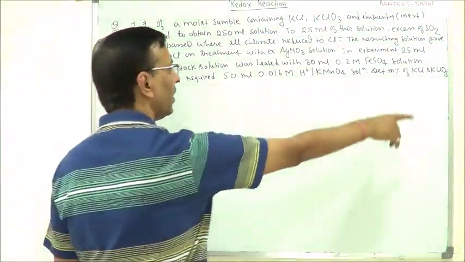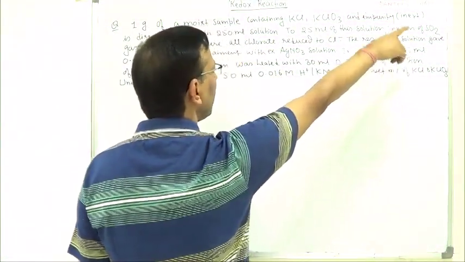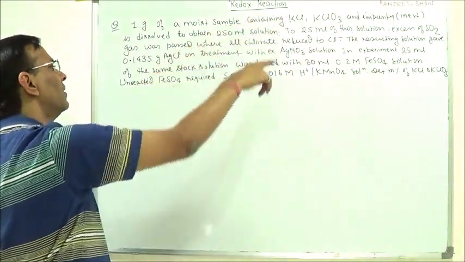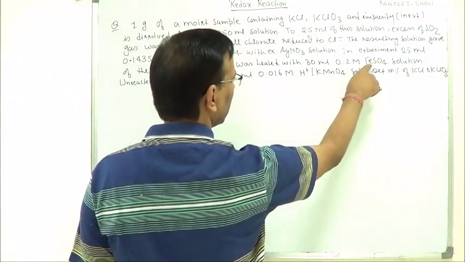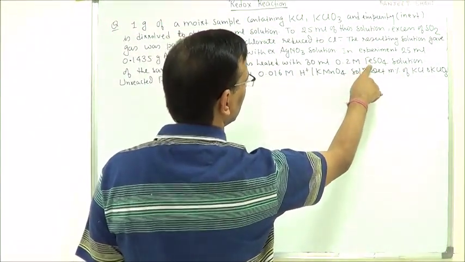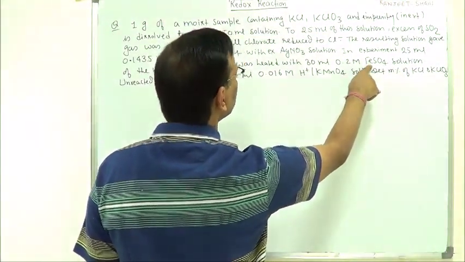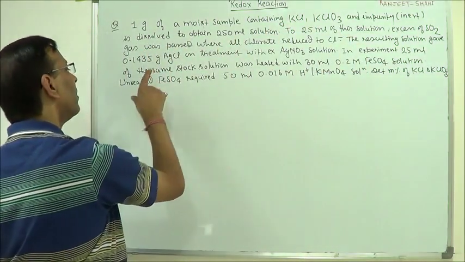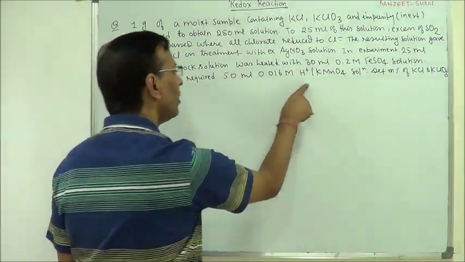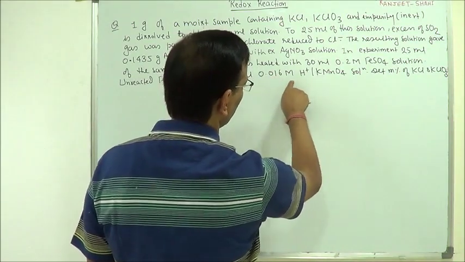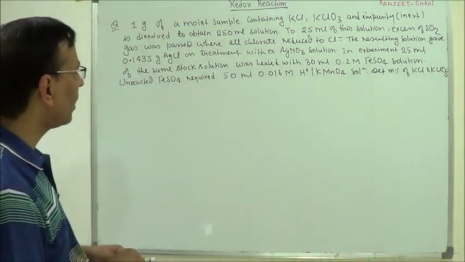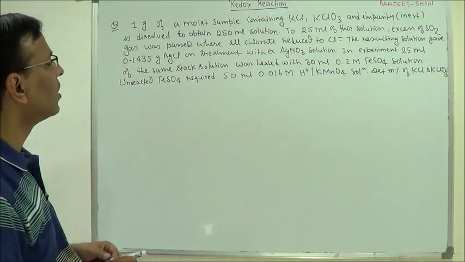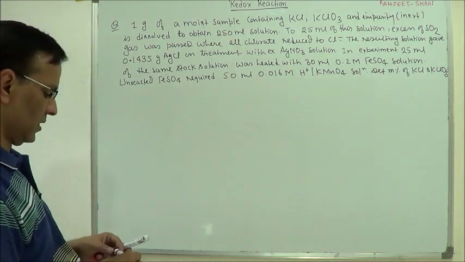In another experiment, 25 ml of the same stock solution is treated with reducing agent, but after reaction some reducing agent is left unreacted, which require 50 ml of 0.016 molar KMnO4. So let us proceed.